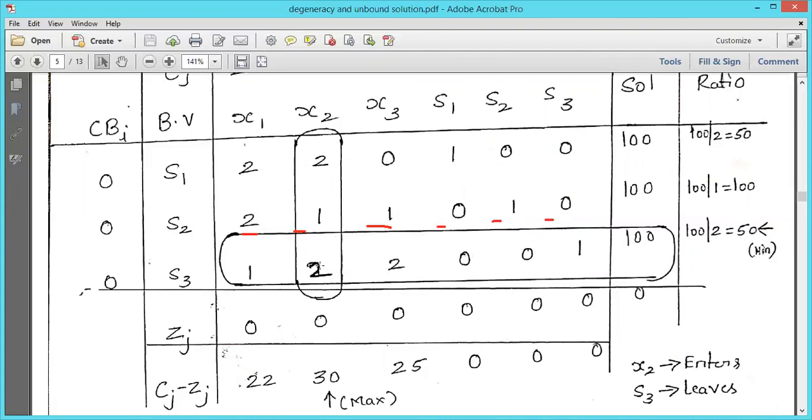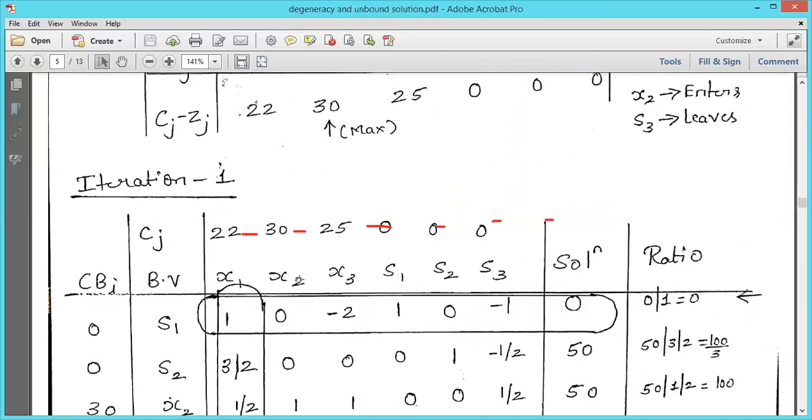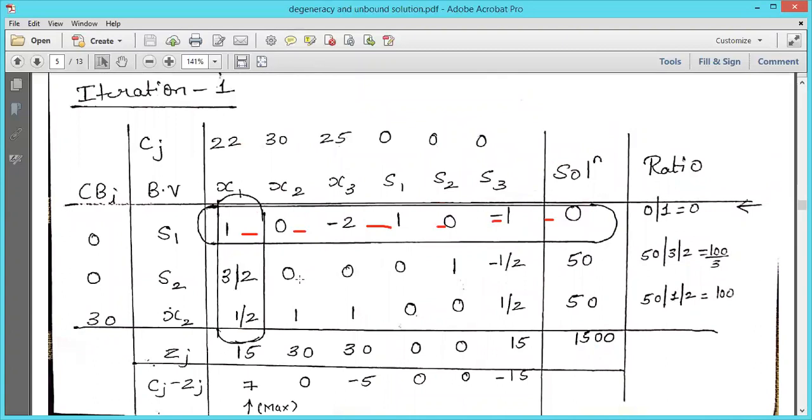In the next iteration, 2 is the key element. We have to make this value 1, so we divide the entire row by 2. After dividing by 2, we have values 1 by 2, 1, 1, 0, 0, 1 by 2, 50. As I said, S3 is the leaving variable and X2 is the entering variable.